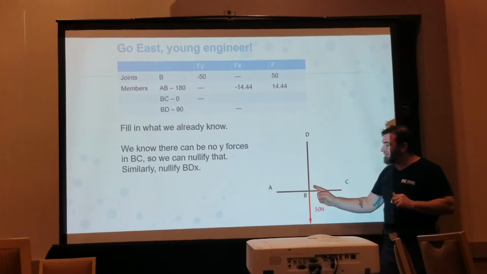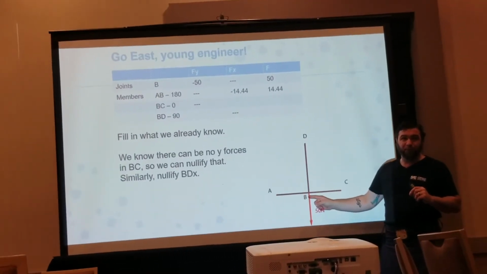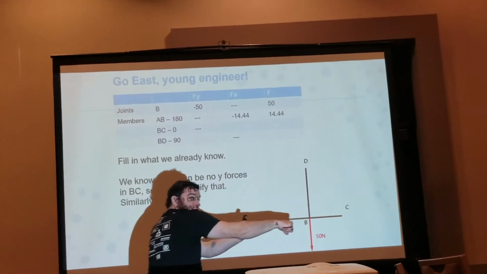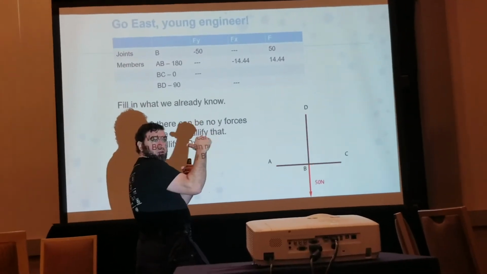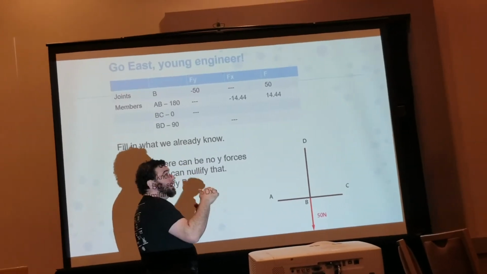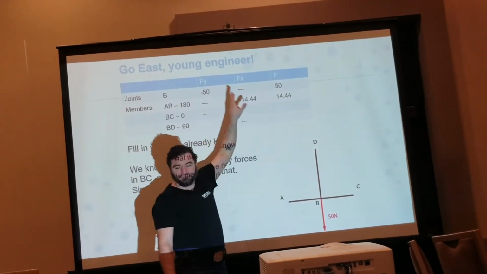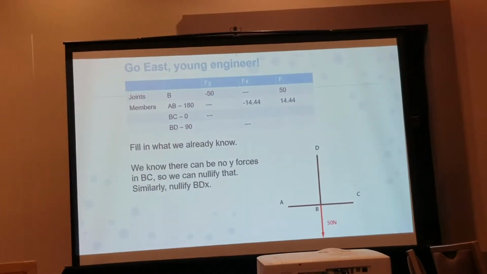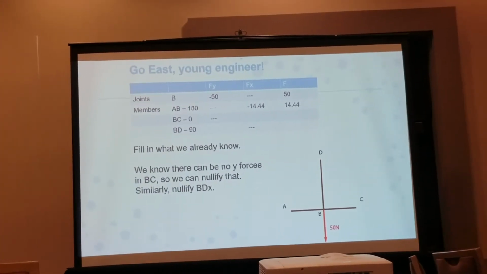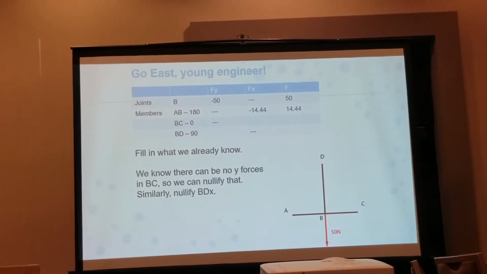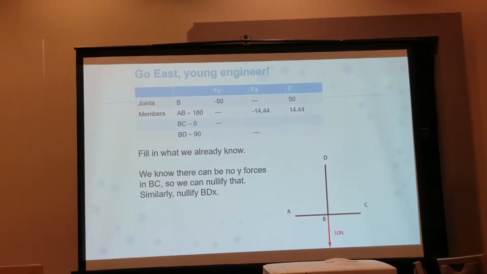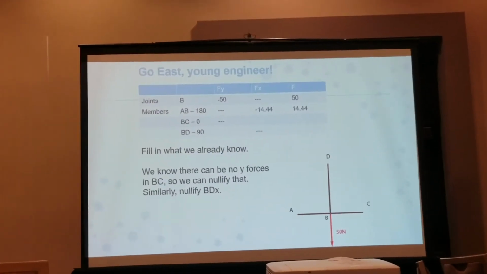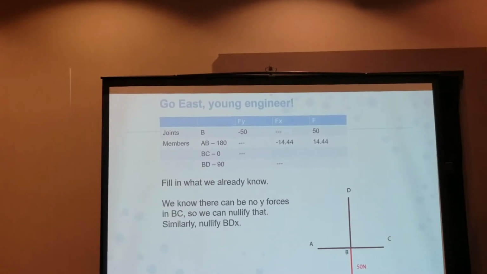But relative to joint B, that tension is pulling B to the left. As a result, that is negative 14.44 newtons in X. We're saying the same thing two different ways, and it's absolutely critical that they get that.